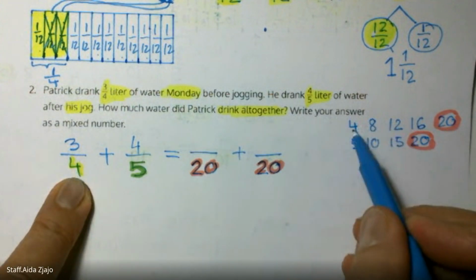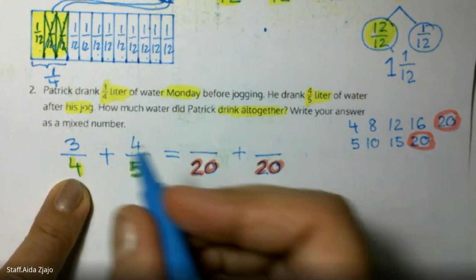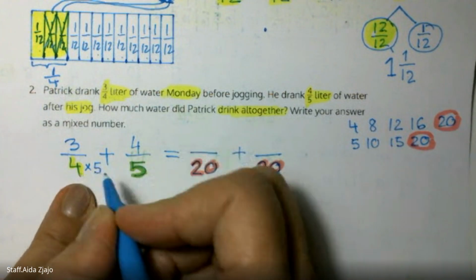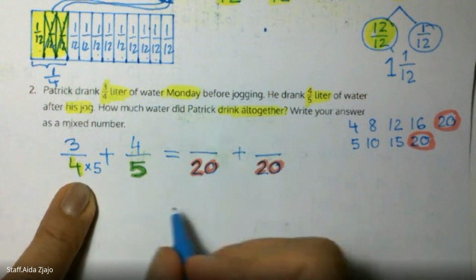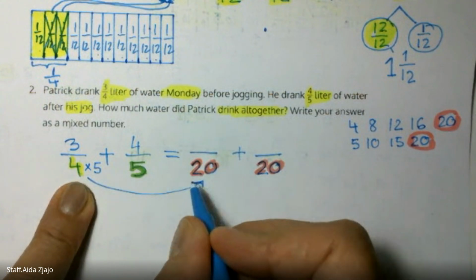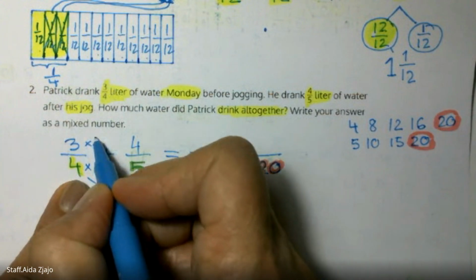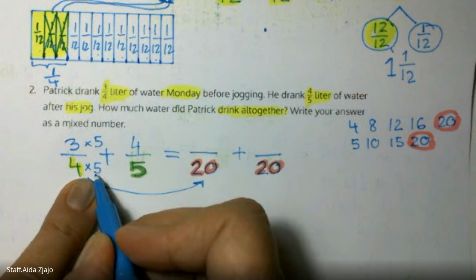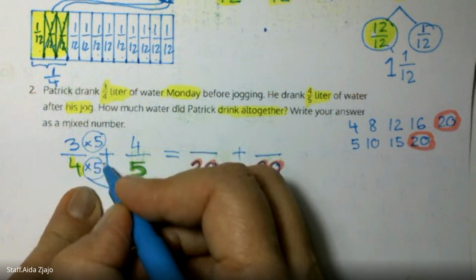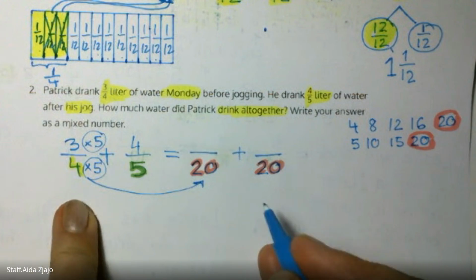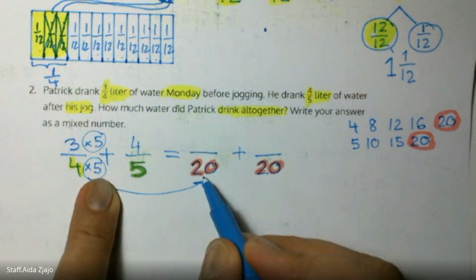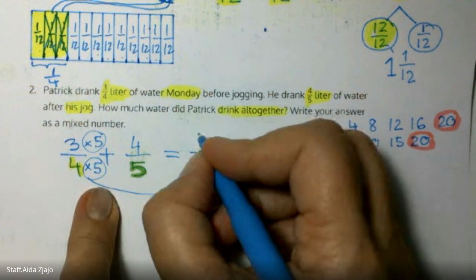4 times 1, 2, 3, 4, 5. 4 times 5 will make me 20. And whatever I do to the denominator, I have to do to the numerator as well. So when I do 4 times 5 is 20, 3 times 5 is 15.